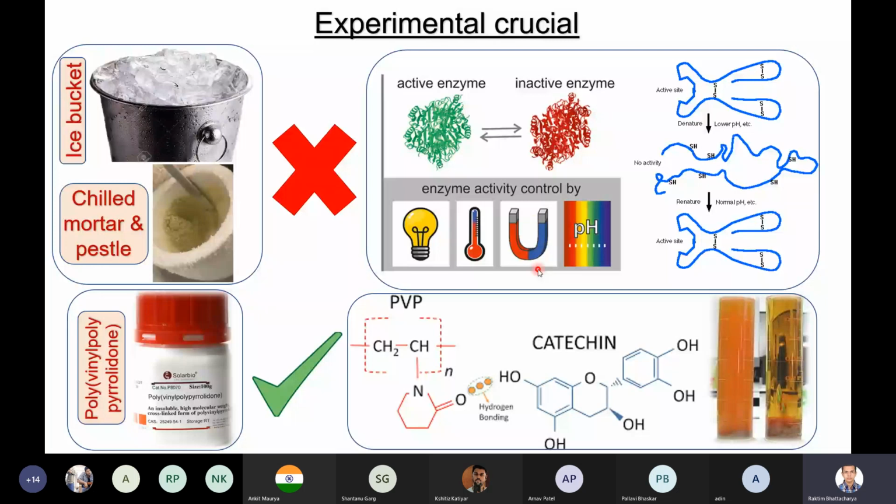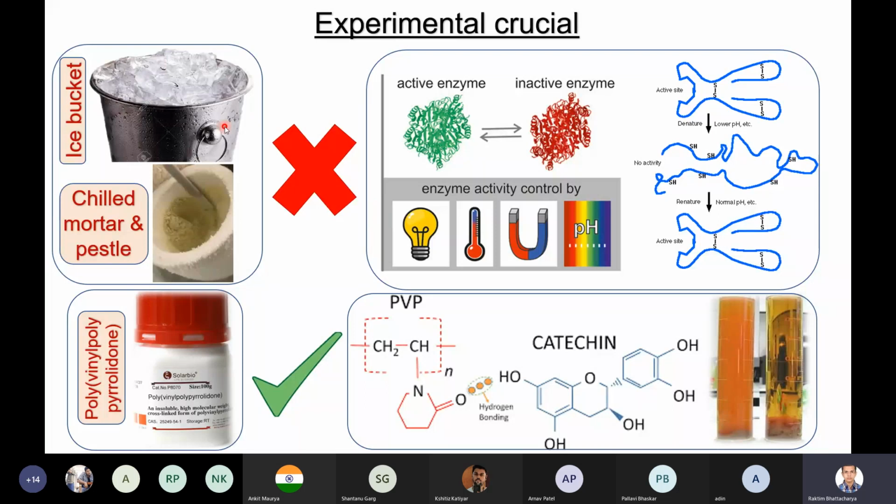This is a normal proper enzyme. This is the denatured enzyme. Once the enzyme gets degraded, the enzyme assay will give you a negative result. That will not tell you whether your sample contains that enzyme or not. It will give you a blank result. So you need to be extremely careful when you are dealing with enzymes.